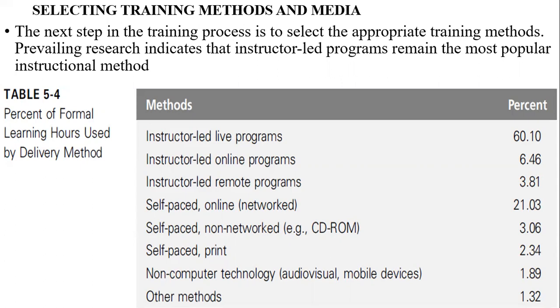Then you can have instructor-led remote programs. This is where the instructor administering the training intervention does it from a remote location, which means that whereas the trainees are at one place, the trainer is at another location and administers it from there.